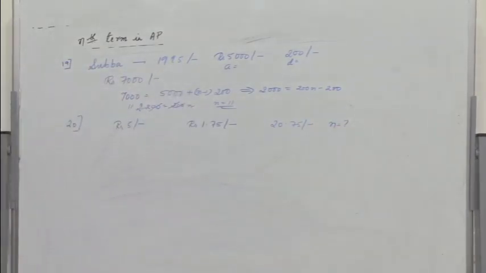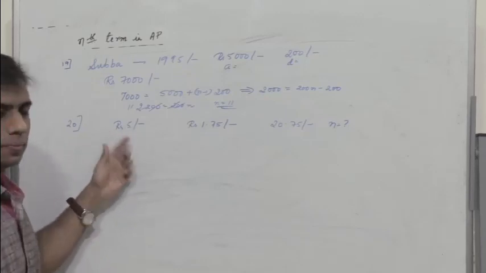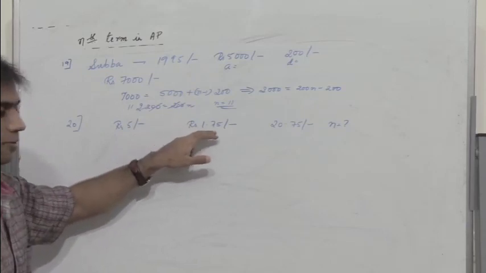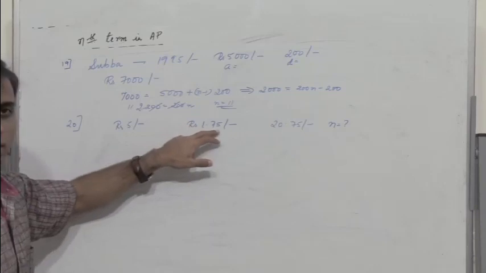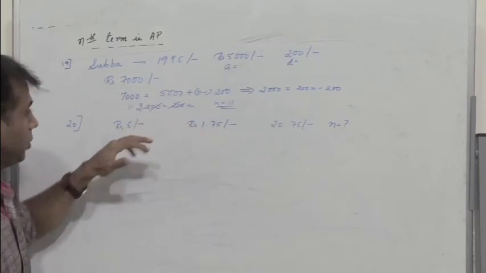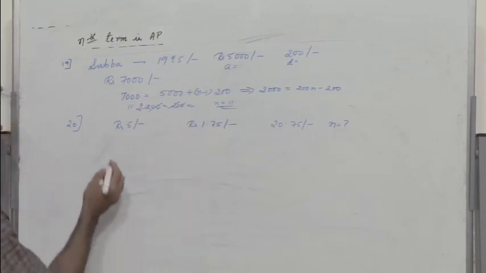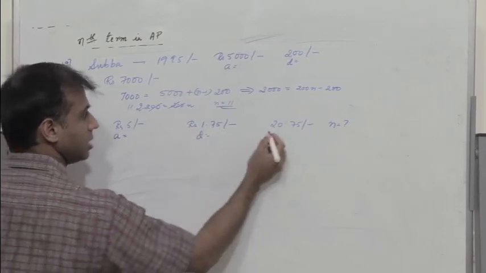What does this problem suggest? The first week, the person saves 5 rupees, and every week he is saving an extra amount of 1 rupee 75 paisa. So the second week it is going to be 5 plus 1.75. In the third week it's going to be 5 plus 2 into 1.75. So therefore A is 5 rupees, D is 1.75, and this is AN.